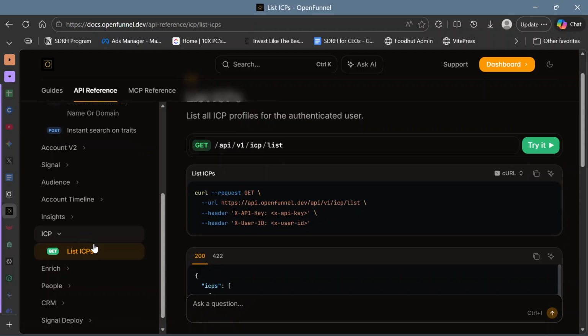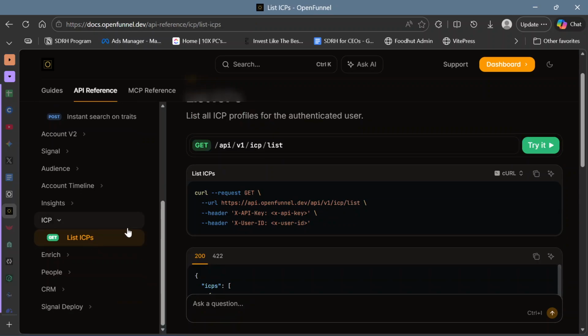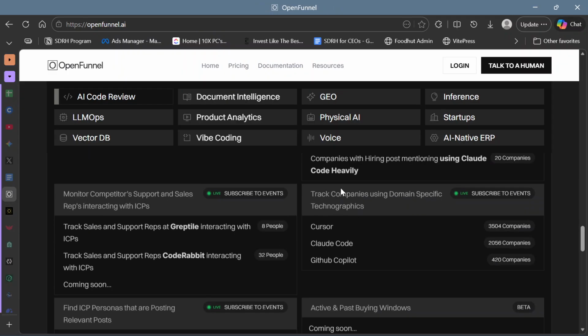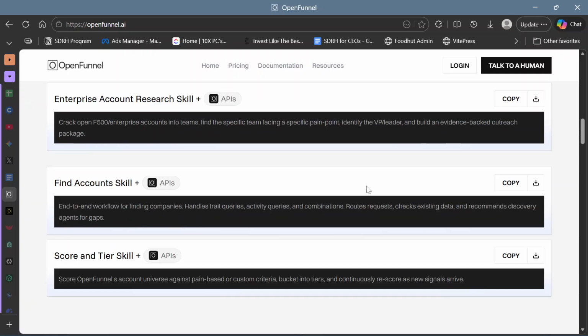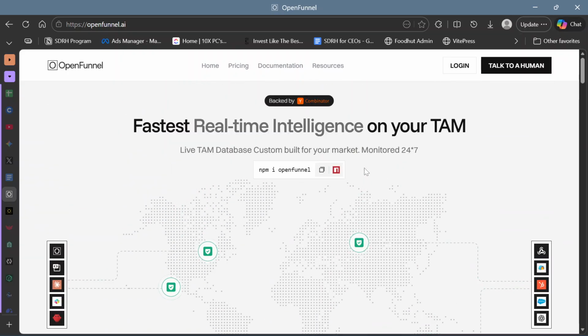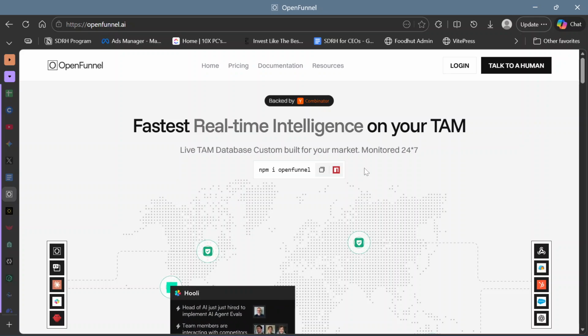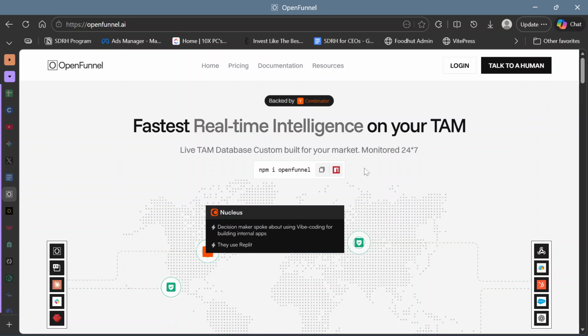If I'm a GTM expert, which I am, and probably looking for high level intelligence, I might want to test. Yes, I'll definitely test this product, especially for my research, user research, or customer discovery.